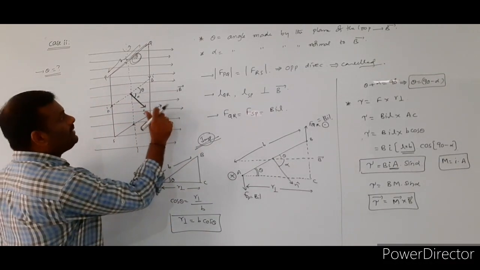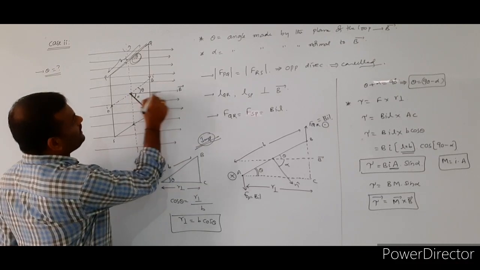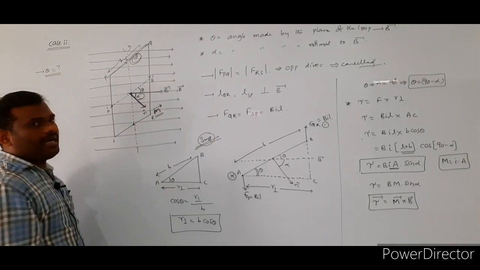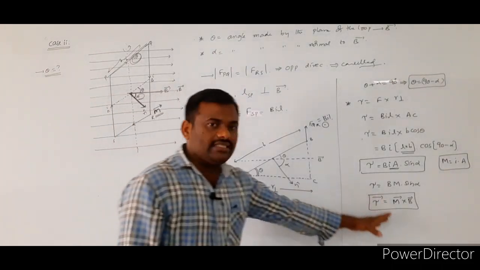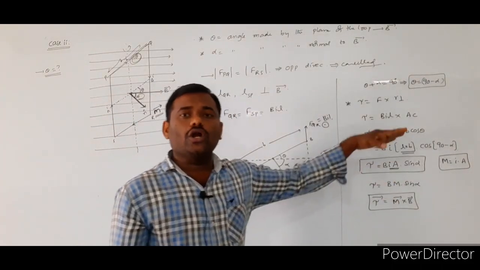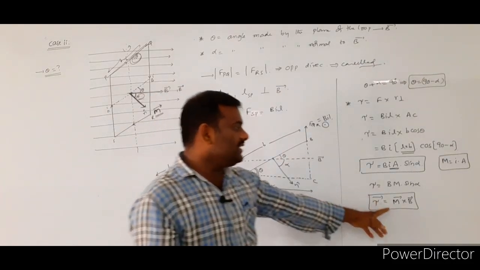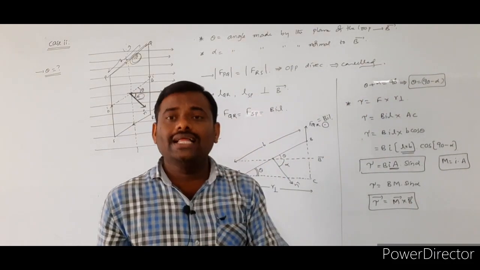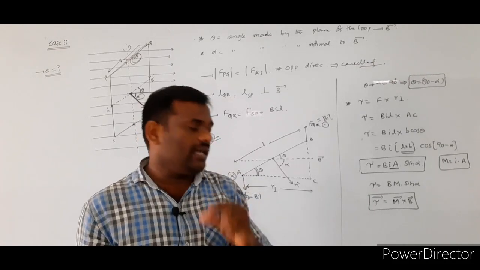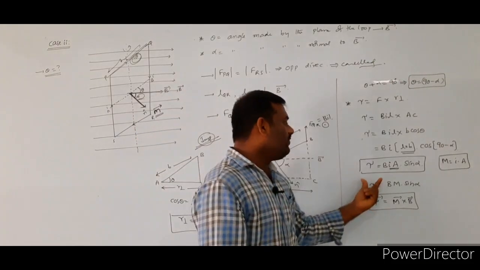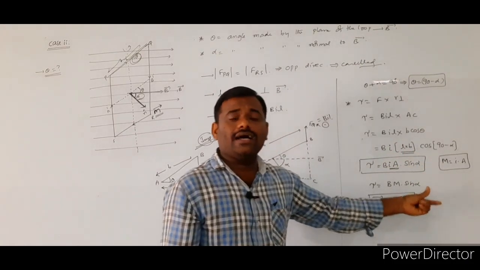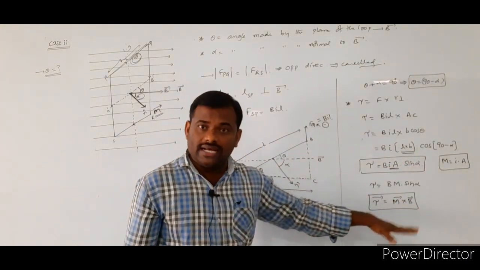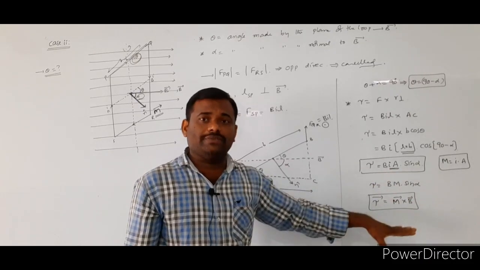Therefore, the angle between the M bar and the magnetic field B bar is nothing but alpha. So this is the reason why we are writing tau bar is equal to M bar cross B bar, because M bar is existing in the direction of the normal of the loop. That's why we wrote tau is equal to either MB sin theta or MB sin alpha or M bar cross B bar. So this is the final expression for the loop.